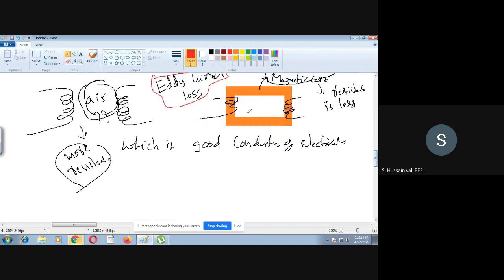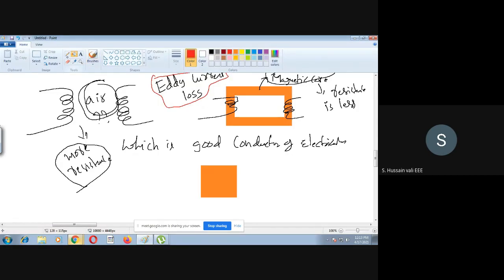Now see here, I will draw the cross section of the magnetic core. This has less resistance. Now, recall the operation of the transformer.